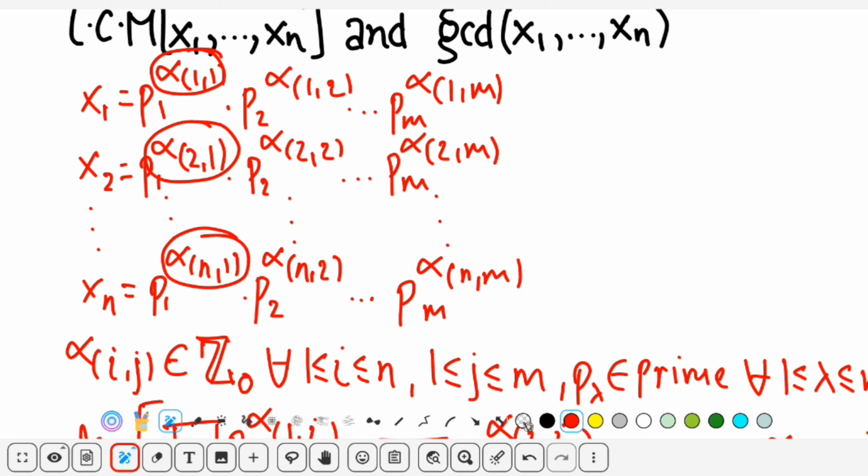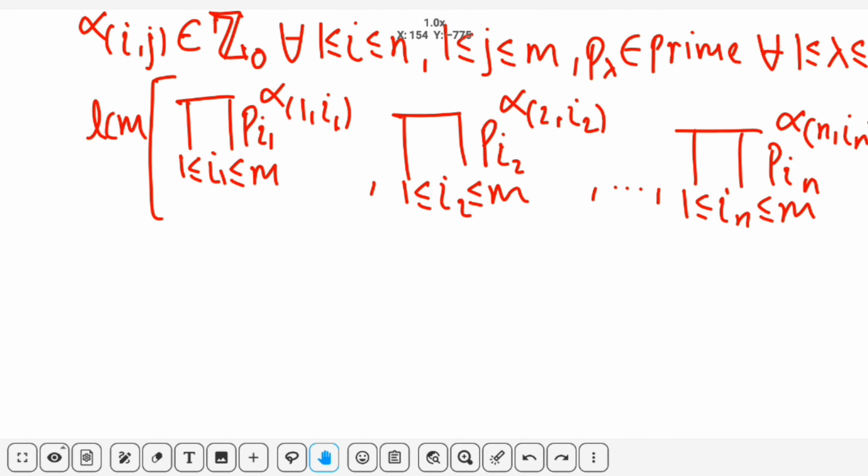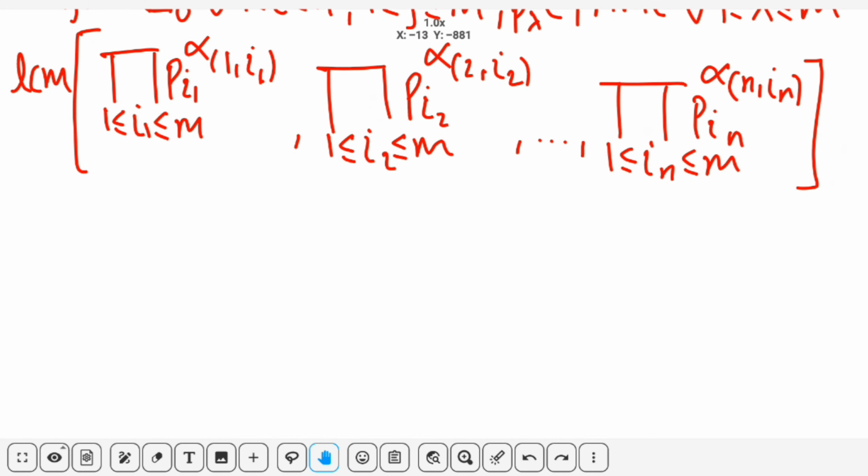So the maximum of alpha 1,1, alpha 2,1, ..., alpha n,1. Same for p2: alpha 1,2, alpha 2,2, alpha n,2, their maximum value. And same for pm. We consider the maximum power in LCM and the minimum power in GCD for the same prime number in the base.